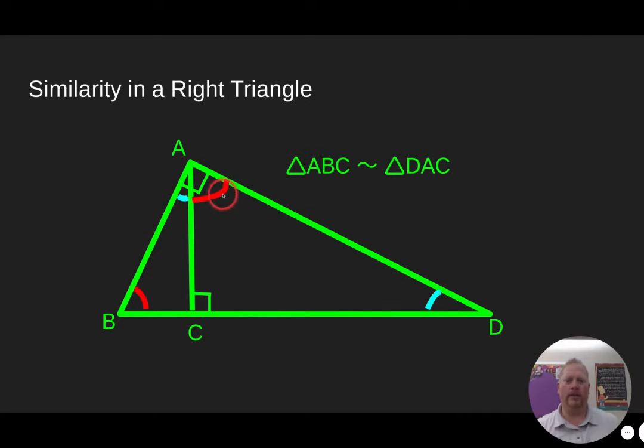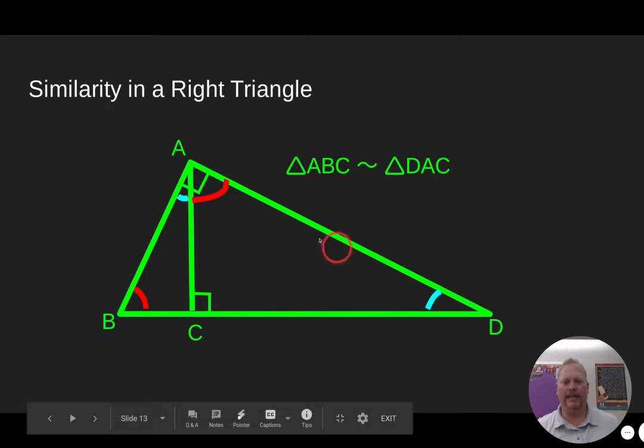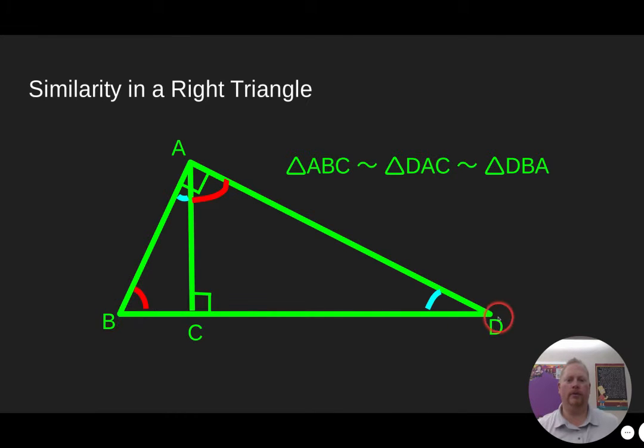So I start with the blue angle, then go to the red, then go to the right, so D, A, C. And lastly, the Hulk triangle: start at the red, go to the blue, and then into the right angle. So that would be, start with the blue, and then the red, and then the right, so D, B, A. So if you're wondering what a similarity statement would look like between those 3, because I'm sure you were wondering that exact same thing, that's what it would look like.